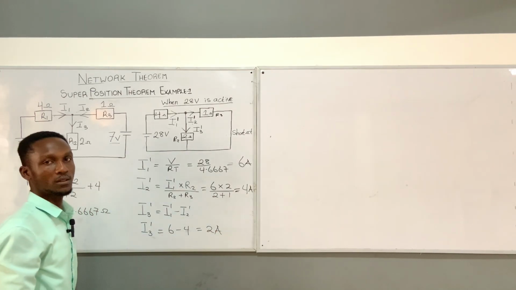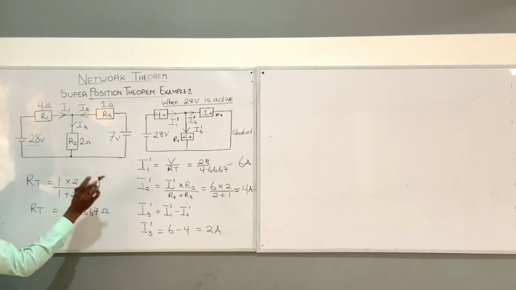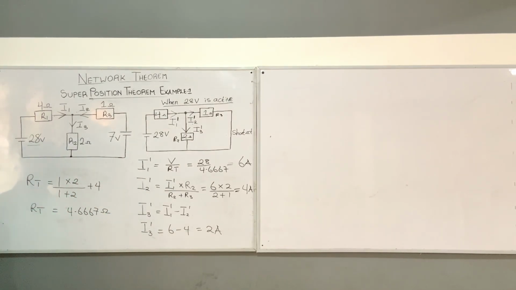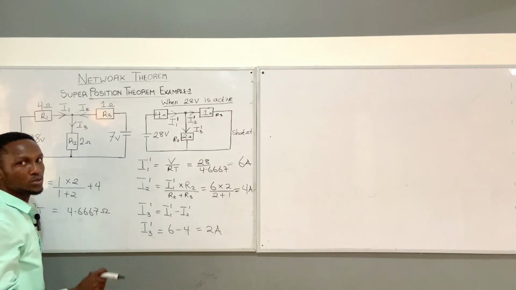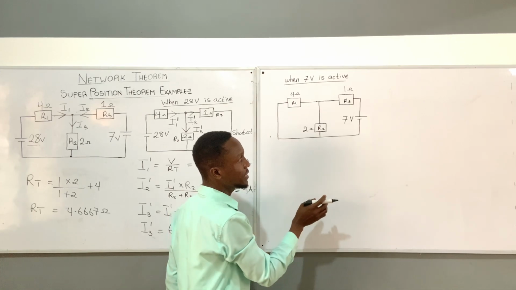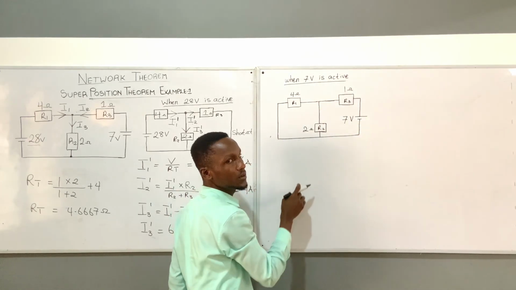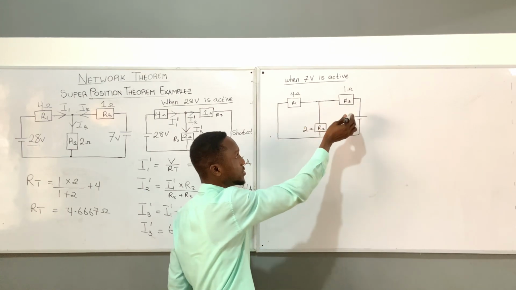2 amps. The next thing we need to do is that we are coming to consider when 7 volts is active. So let us redraw the diagram when 7 volts is active. So from the diagram, let us label the branch current. Let's assume that 7 volts here is supplying the current in this direction, okay?